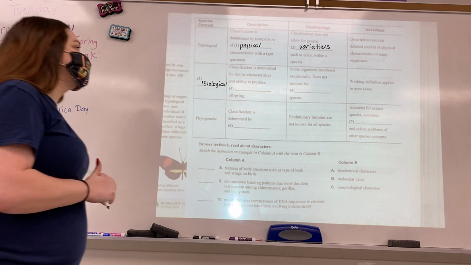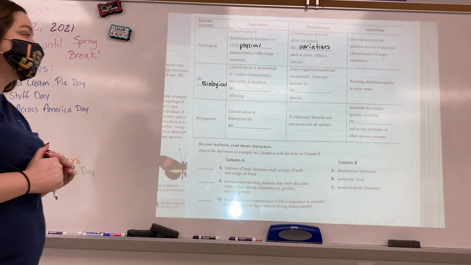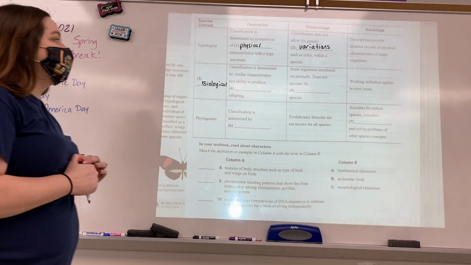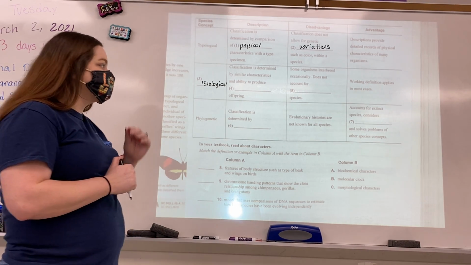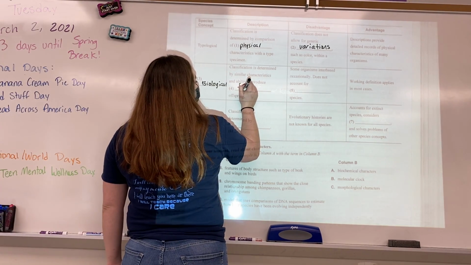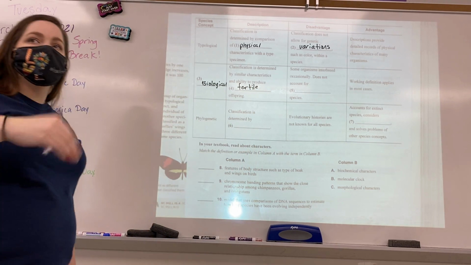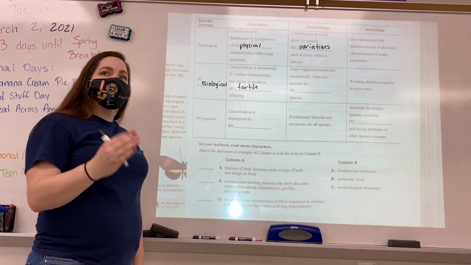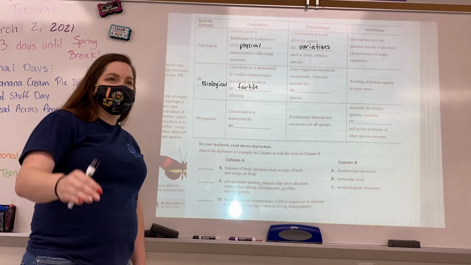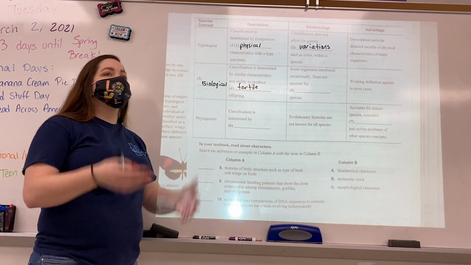Your second one is biological. The description for that is classification determined by similar characteristics and ability to produce fertile offspring. If you're looking to reproduce and make more of your species, your offspring need to be able to continue that process and also make more of the species, otherwise eventually you're going to die out.